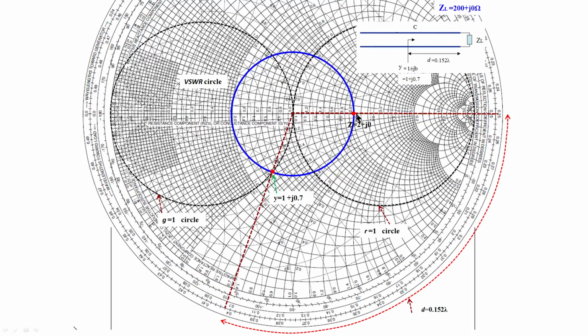This is the R equal to 2 circle, and X equal to 0 is along this line. The intersection point is the load point, so we marked the load point here.